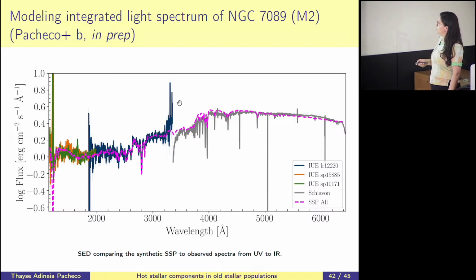We also have in gray the WAGS spectrum. And finally, in magenta, we have our modeled integrated light spectrum for M2. And I think this is beautiful.